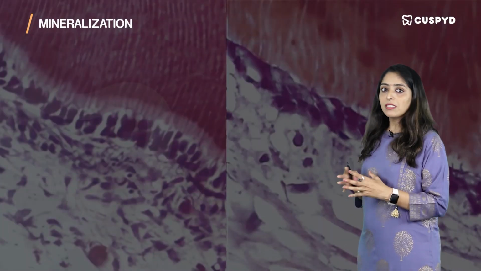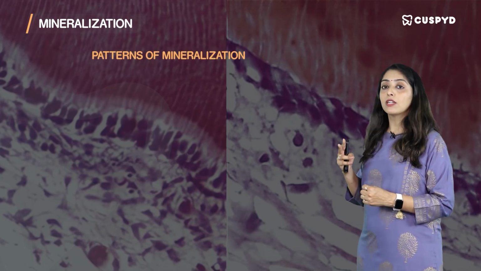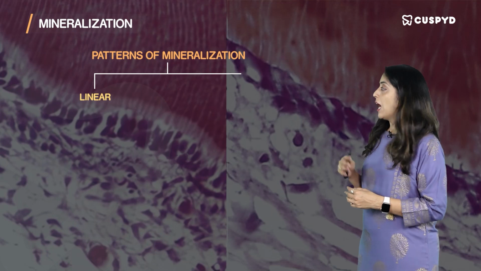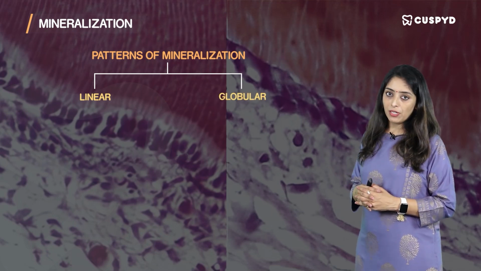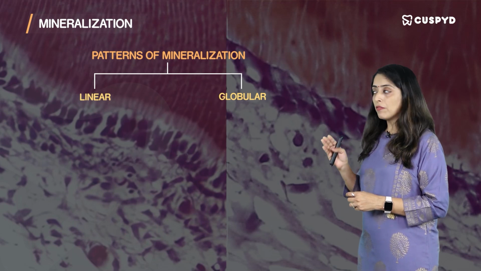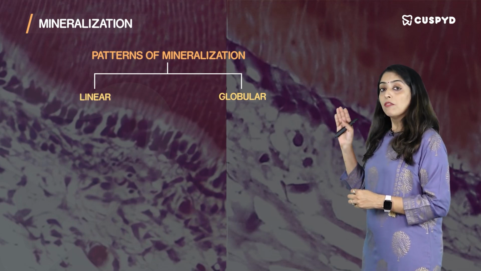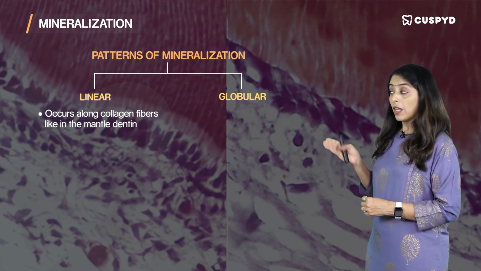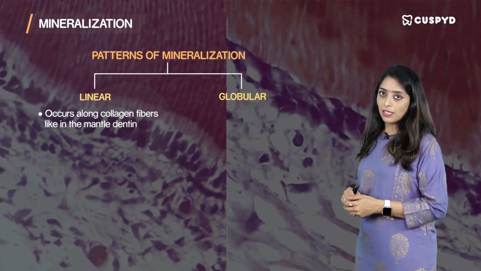If I want to summarize the pattern of mineralization, there are two techniques. One is the linear pattern of mineralization and one is the globular pattern of mineralization. The linear pattern of mineralization will always be seen in areas where the mineralization occurs along collagen fibers, like in the mantle dentin area.